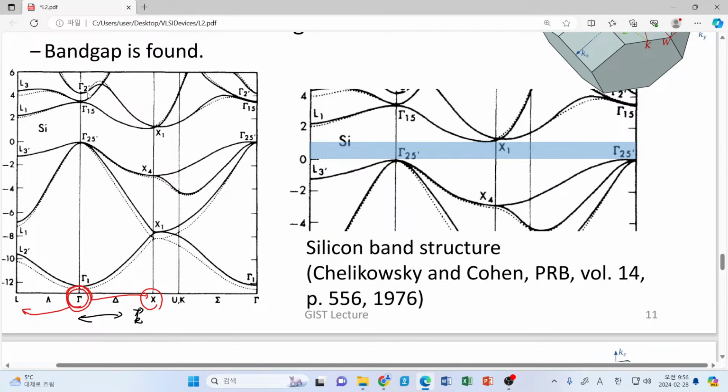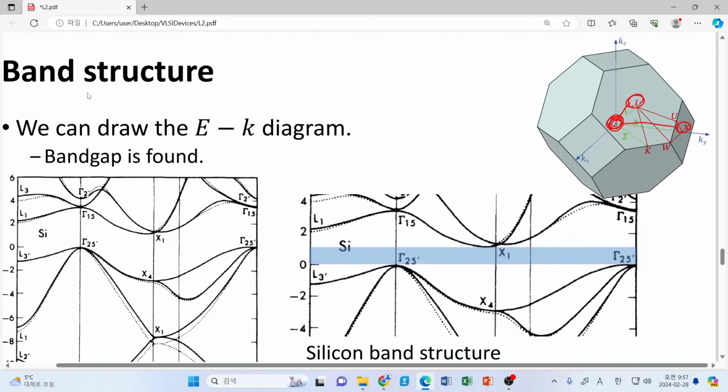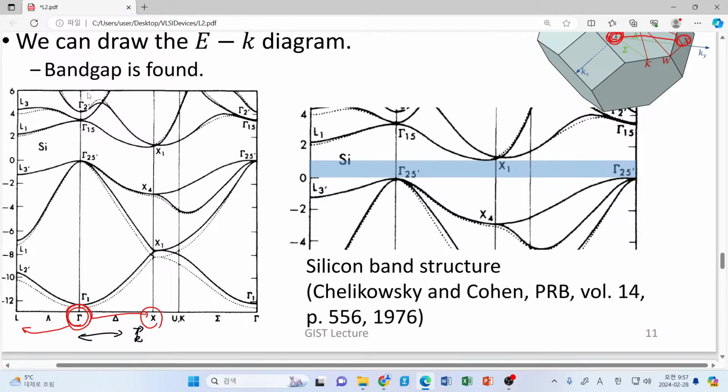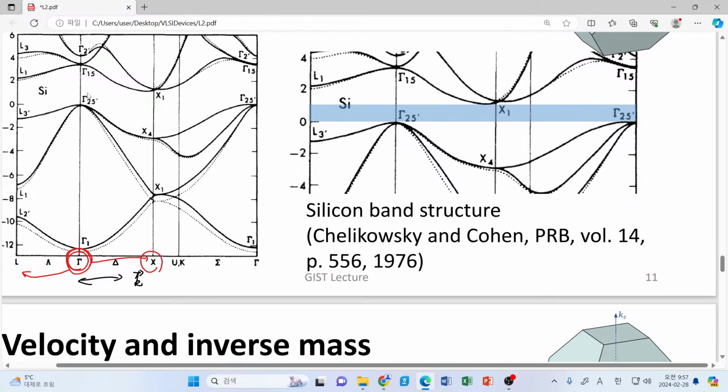If you ask me what happens at a position not on the branch from gamma to X or gamma to L, of course there will be certain values and certain energy states, but usually when we draw it, we do not draw them. But they exist.